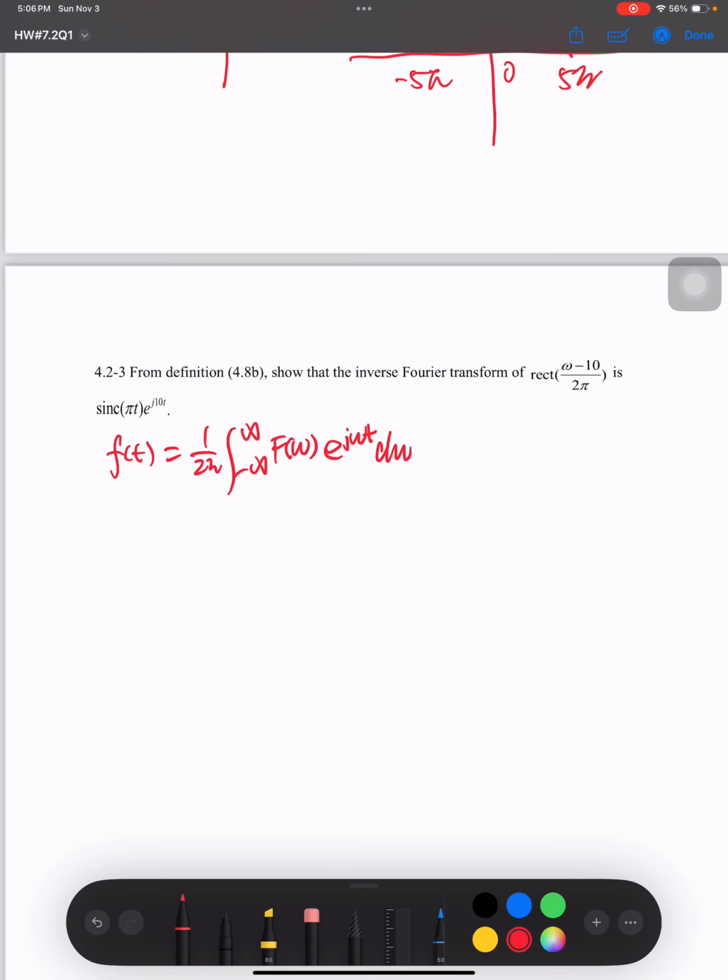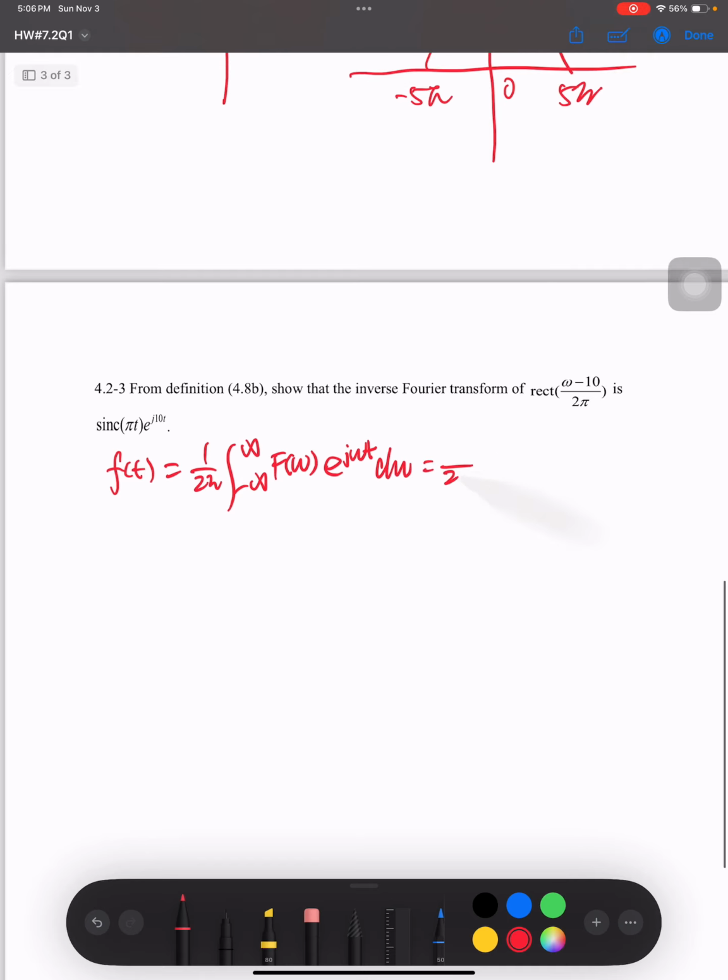So this is 1 over 2 pi, and for this equation we know the width is 2 pi, right?